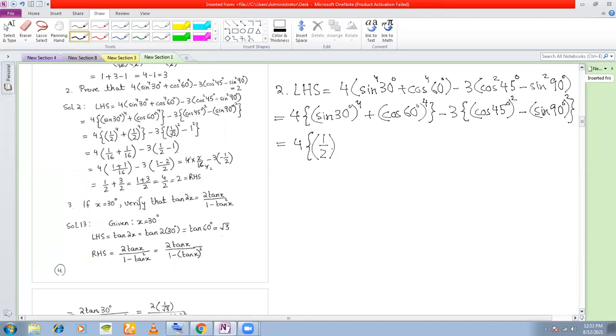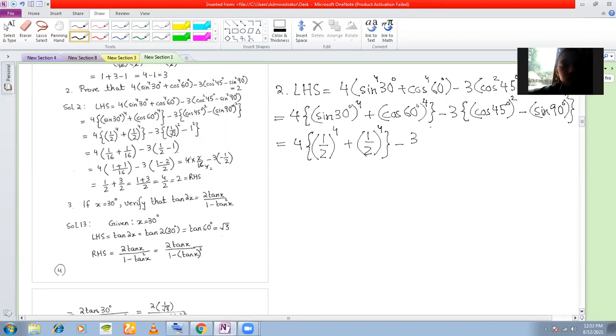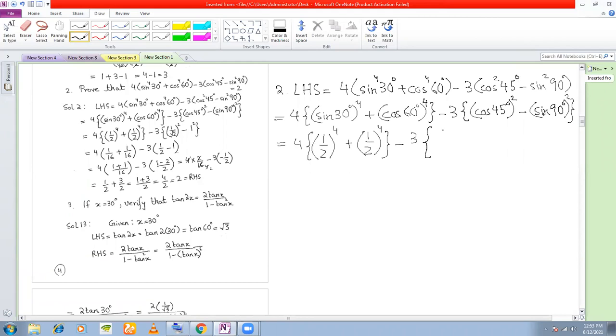So this becomes half to the power of 4 plus cos 60 is again half, right? Minus 3 cos 45. Cos 45 is how much? 1 by root 2.